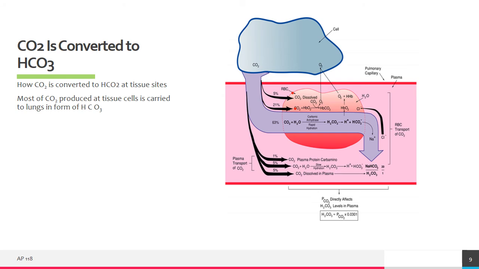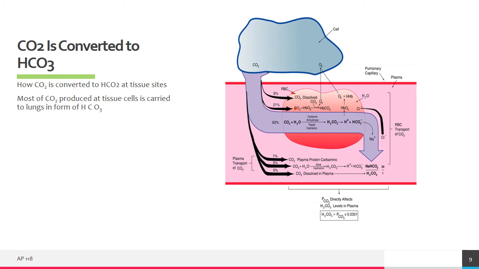About 5% of carbon dioxide dissolves in the plasma and ionizes as bicarbonate. Initially, carbon dioxide combines with water in a process called hydrolysis. The hydrolysis of CO2 and water forms carbonic acid. You've heard about carbonic acid before. This, in turn, rapidly ionizes into bicarb and hydrogen ions.